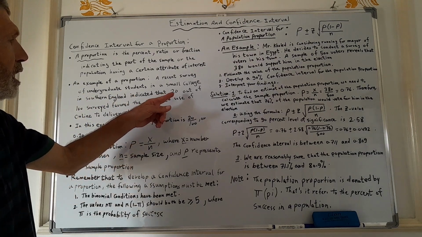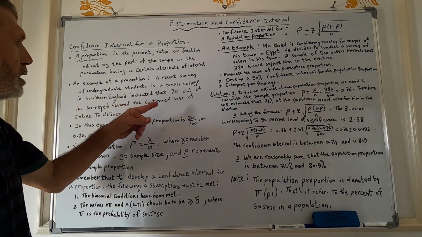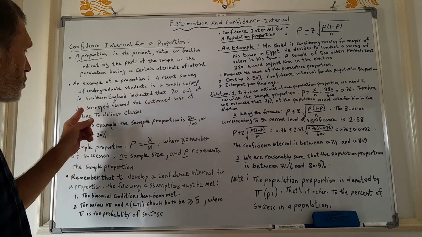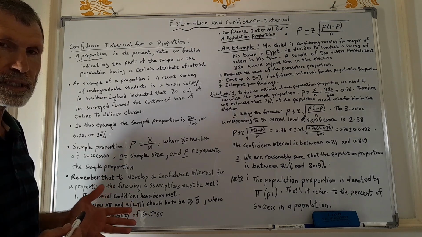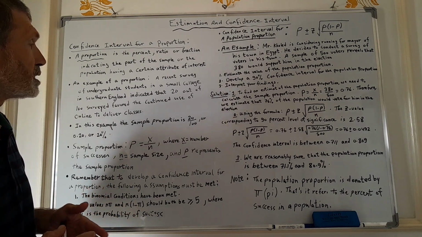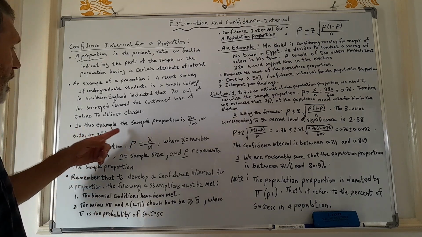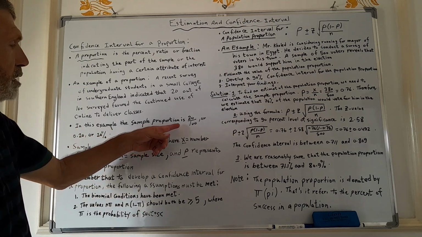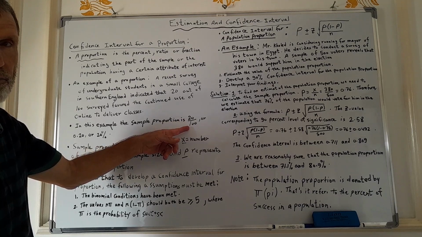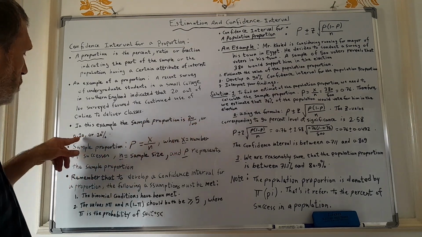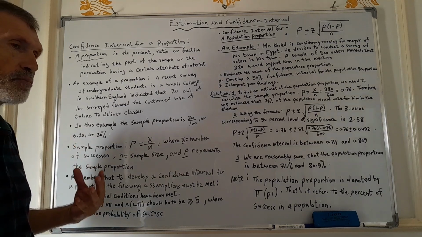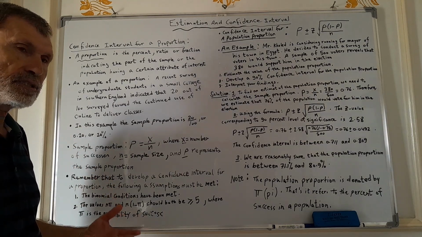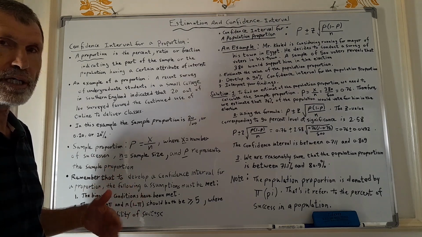You have 20 out of 100. So the proportion is 20 over 100, or 0.2, or 0.20, or 20%. In this example, the sample proportion is 20 over 100 or 0.20 or 20%. So we can represent the proportion either as a fraction, a ratio, or a percent.